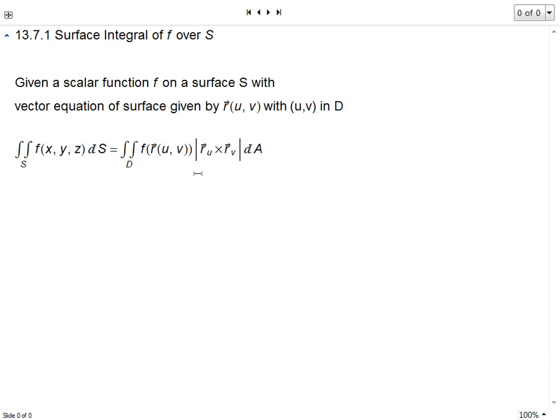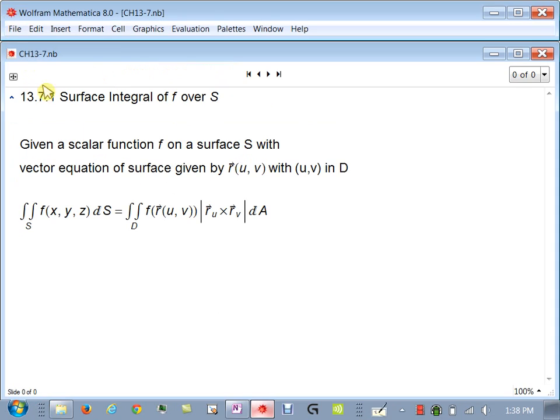But what's surface area? Surface area is this, right? Didn't we just say that? Previous section, surface area is this. So all we're doing now is we're taking our surface area and we're adding a scalar function in front of it. Okay?